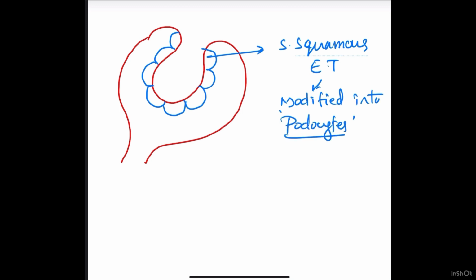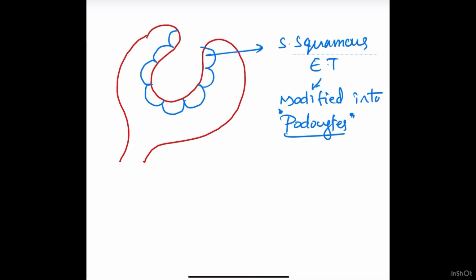Podocytes, you will read in the entire physiology, only this area. Podocytes are for the filtration purpose.